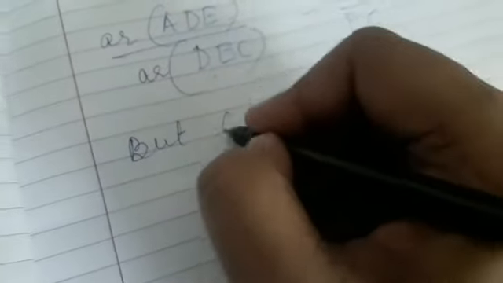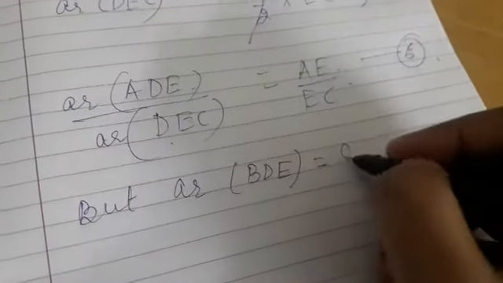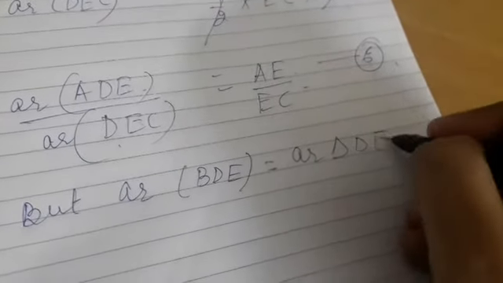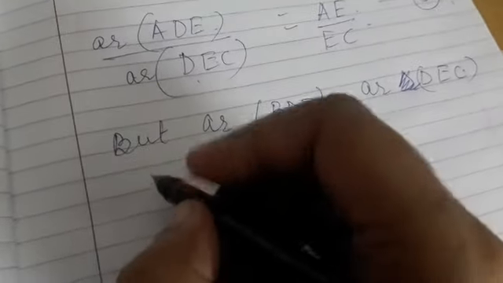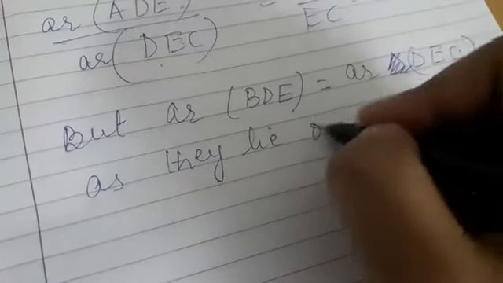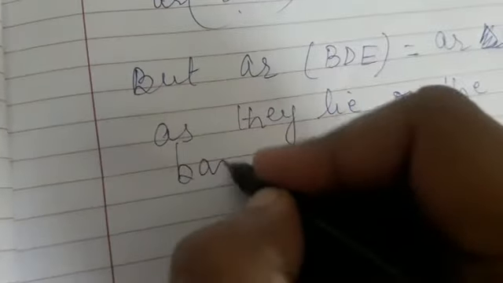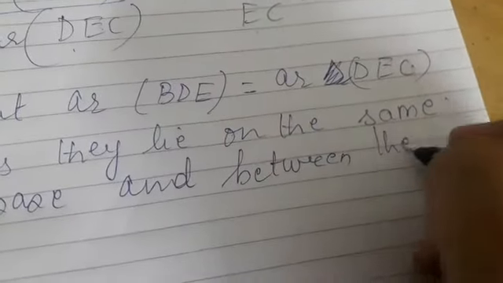but area of triangle BDE is equal to area of triangle DEC, as they lie on the same base and between the same parallels.